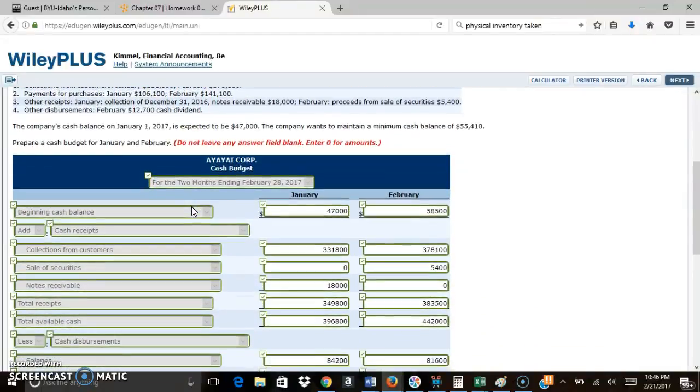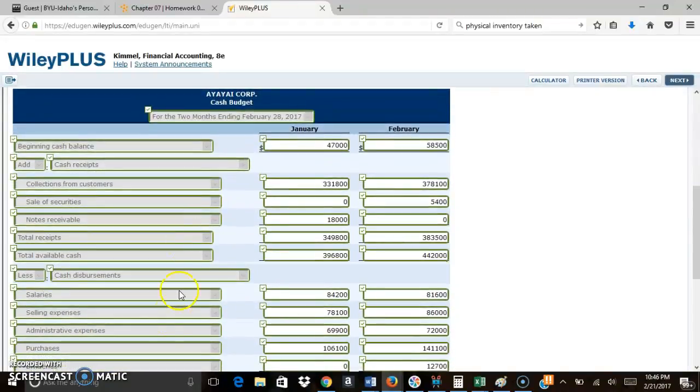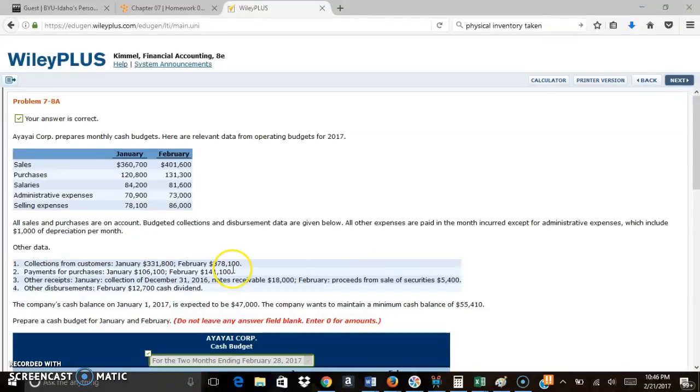And then the next thing that the book says that we need to put in there is administrative expenses. You see this number right here, $69,900. So the original number is administrative expenses $70,900. First, I tried the $1,000 depreciation.